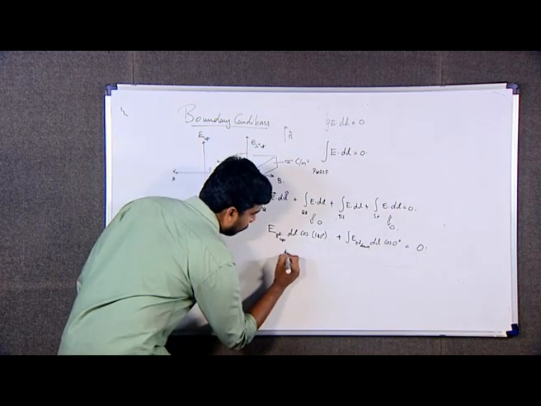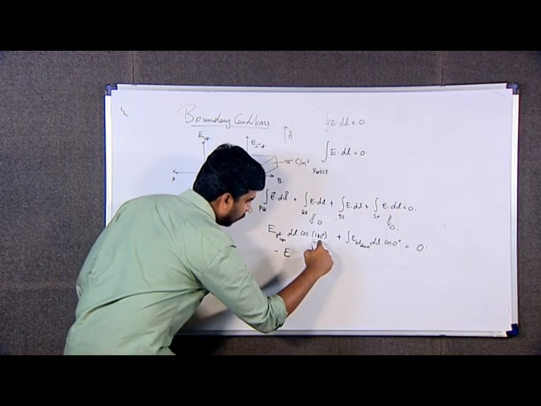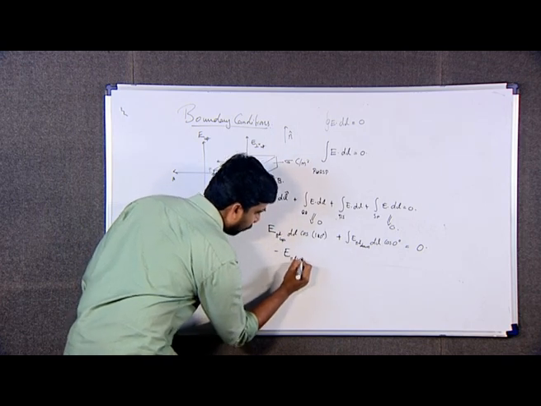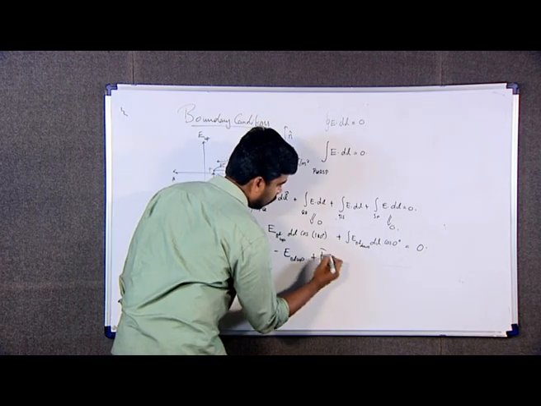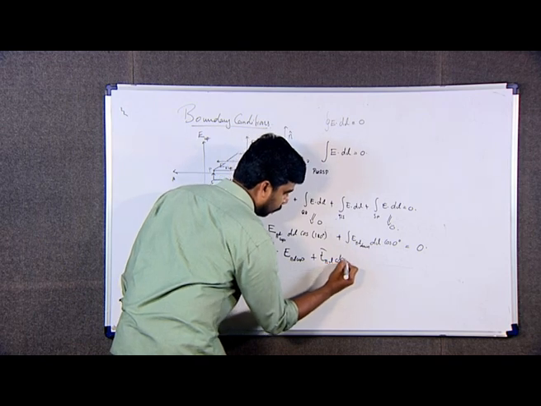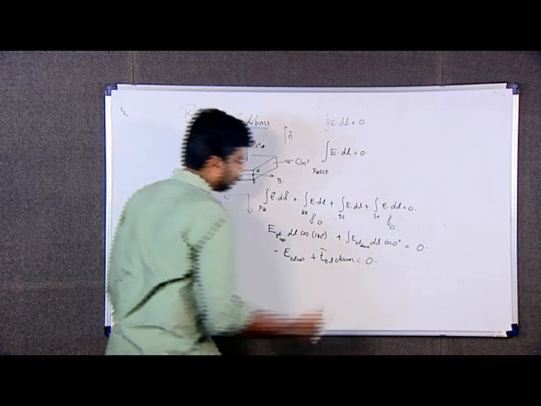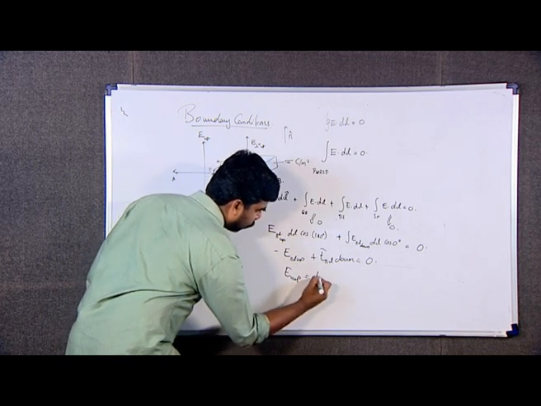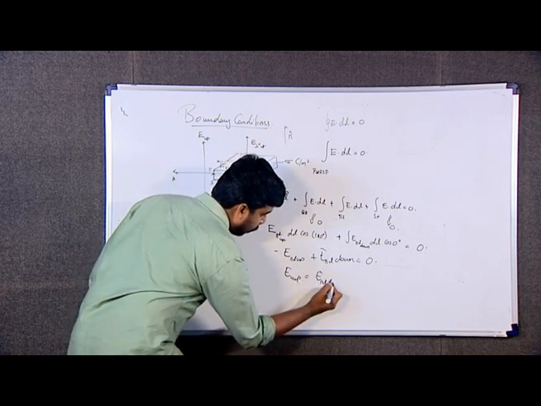That means, because cos 180 degree is minus 1, E parallel up plus E parallel down is equal to 0. That means E parallel up is equal to E parallel down.